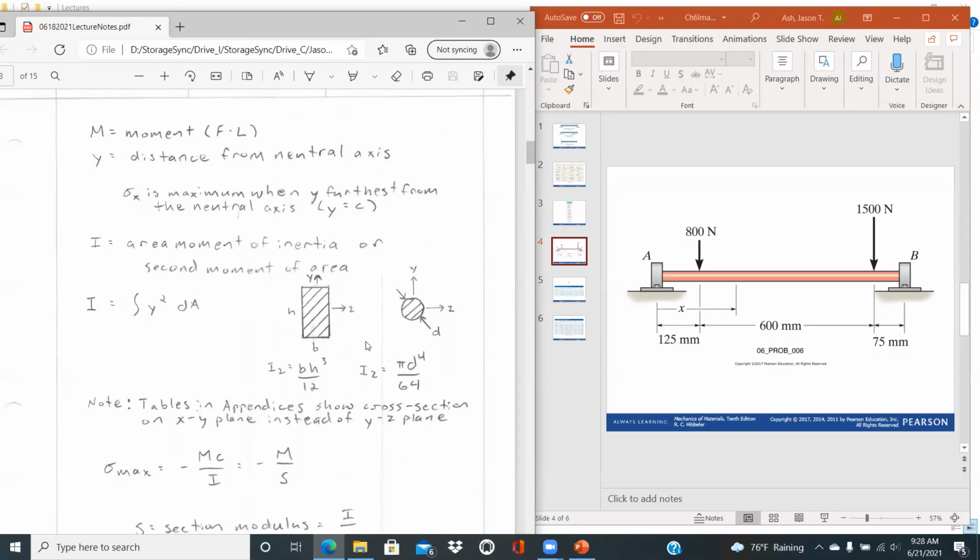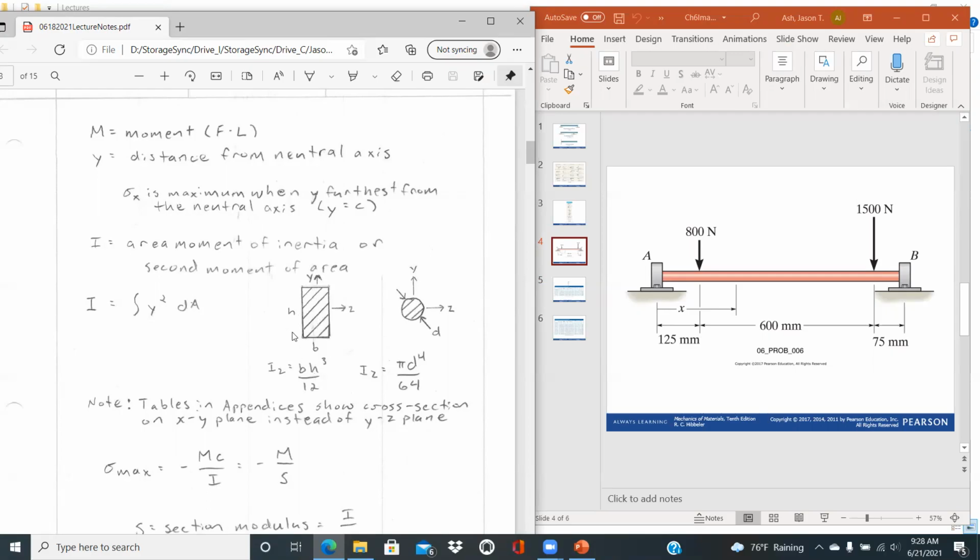Then another thing as well is really just this definition of the base and the height. When we're calculating I of z for this case, we have the base times the height cubed divided by 12. And if you were to look at the area moment of inertia about the y-axis, these would flip around.